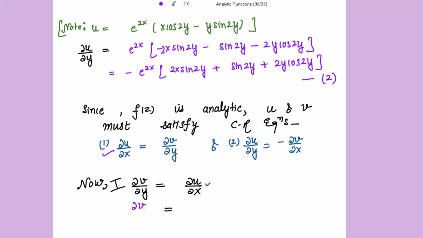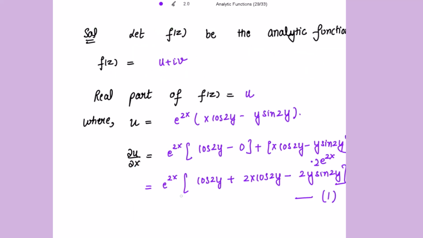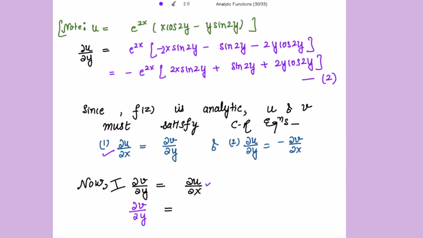Writing the value from 1, this is e to the power 2x times (2x cos 2y minus 2y sin 2y plus cos 2y). To get the value of v, we integrate this with respect to y, taking x as constant.